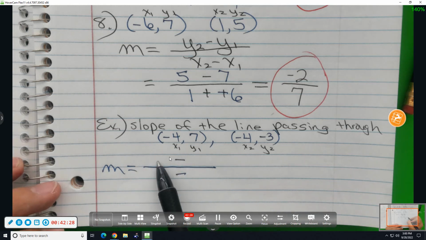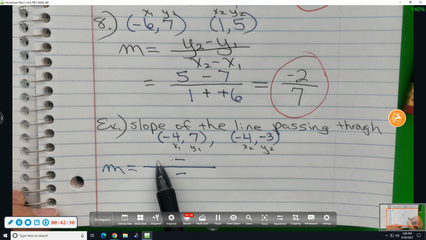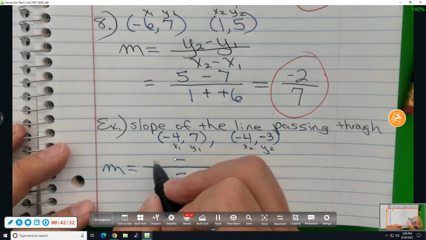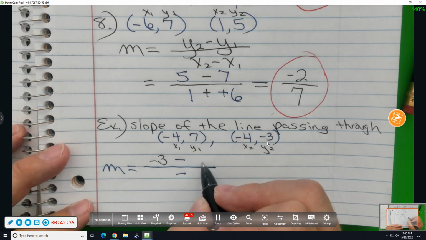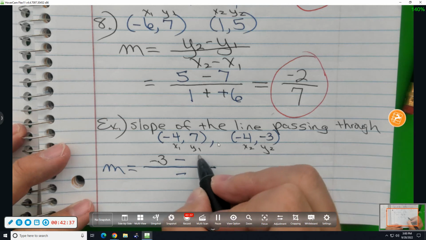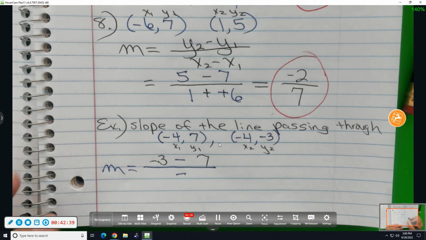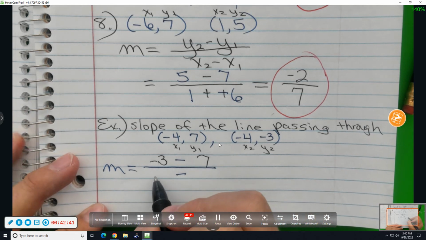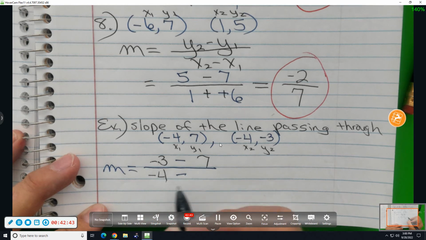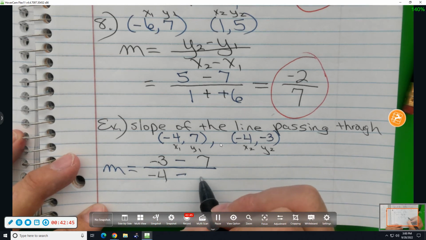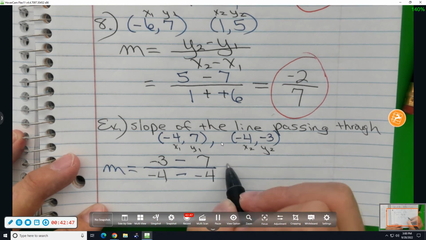So Y2, what am I going to put here? Negative 3 minus here 7. So Y2 minus Y1. Negative 4 minus here another negative 4.